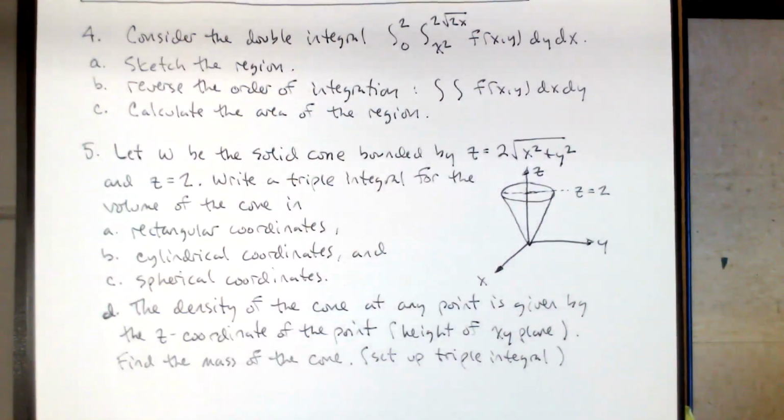So set up a triple integral to find the mass of the cone, then find the mass of the cone. You can use whatever coordinates work best for you. If you like the cylindrical coordinates, do that. If you like the spherical coordinates because you like to make your life difficult, by all means.